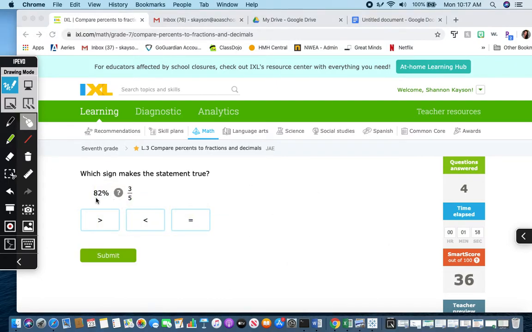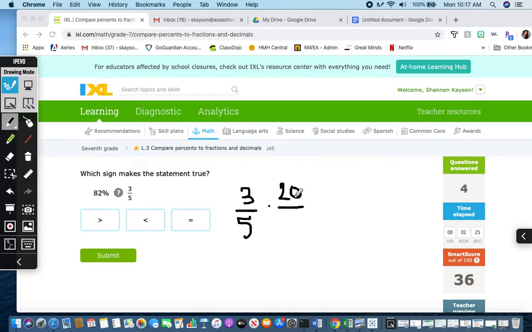Okay, now we're getting to ones where we're comparing percentages to fractions. Well, in order to compare these two, we need to put them in the same format. So my suggestion is doing 3/5 as a percent. We're going to convert this into a percentage by multiplying by 20 over 20.